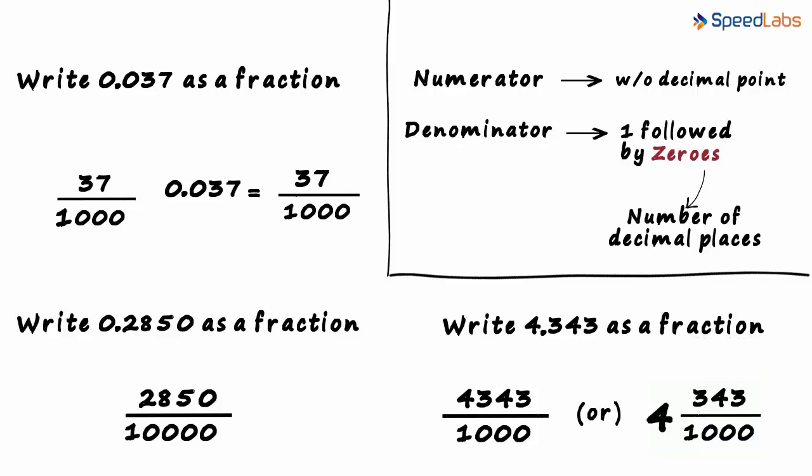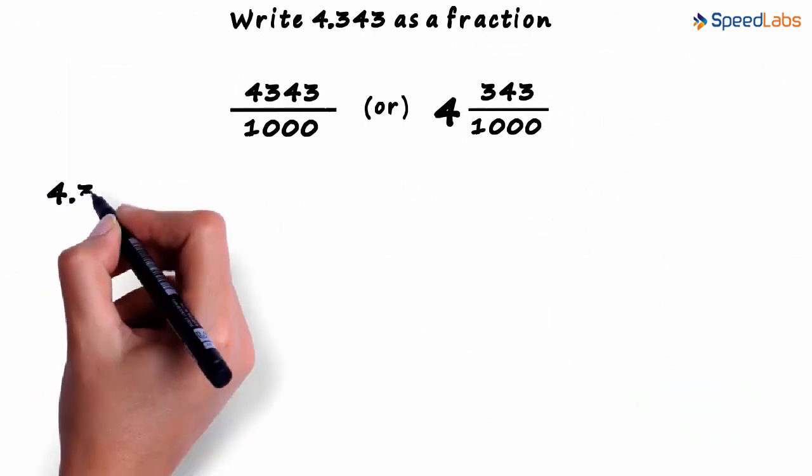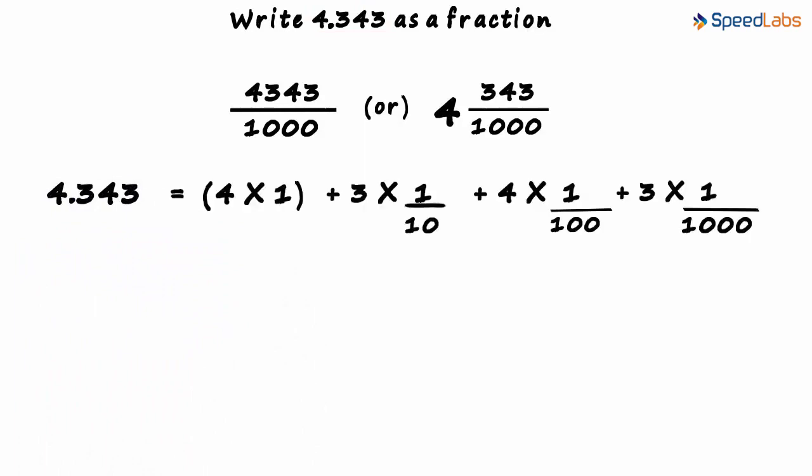But how do we actually understand all this? Look at the decimal fraction, 4.343. Based on decimal places, this is how we can write it. 4 in the ones place, 3 in the tenths place, 4 in the hundredths place, and 3 in the thousandths place.